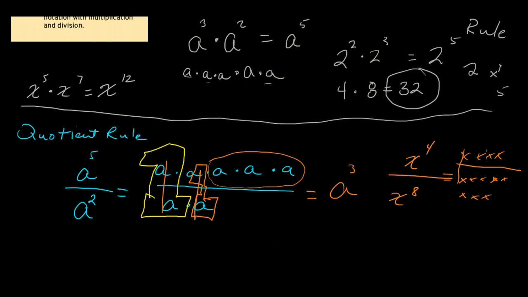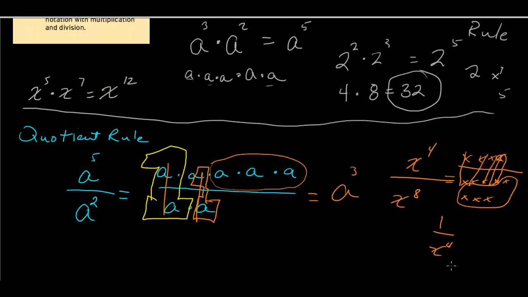And those will cancel, those will cancel, those will cancel, and those cancel. And I'm left with just these on the bottom here. So that's 1 over, because these cancel to 1, that's 1 over x to the 4th power.